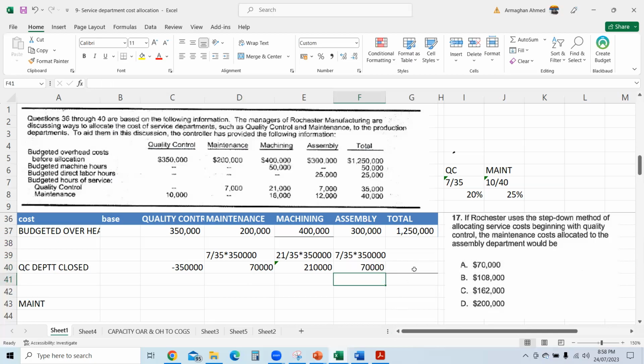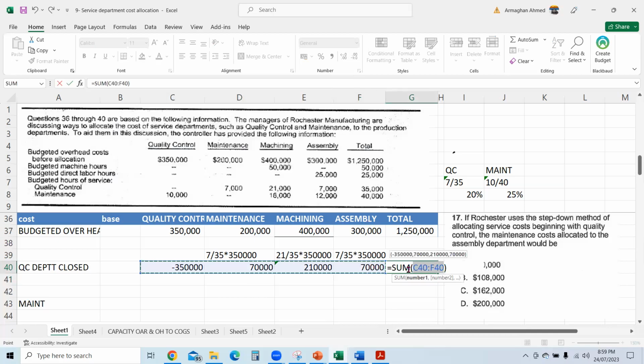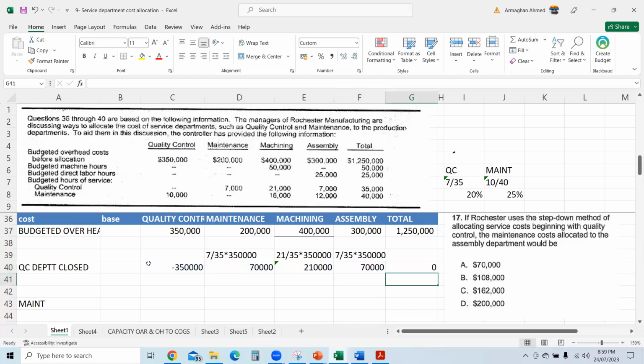So this is how we have done the allocation. Let's total: 0, right? Because 350 minus and all of this 350 plus 260 gives 0.